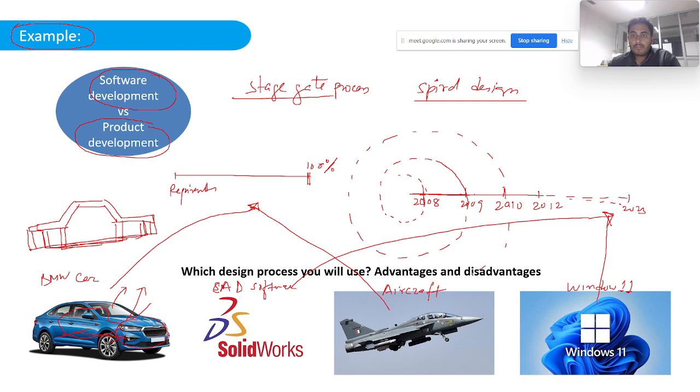So constantly the software is developed over time, and sometimes software fixes bugs. Software bug fixing is different from mechanical hardware bug fixing.